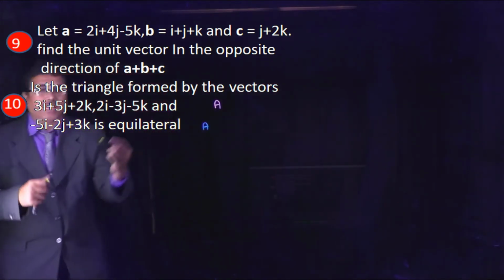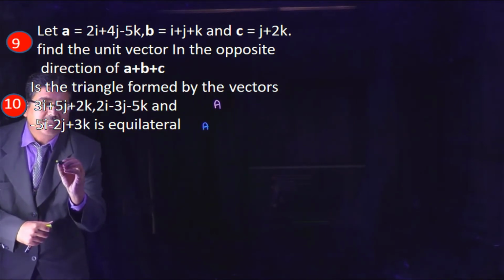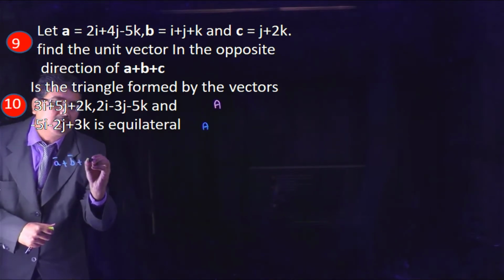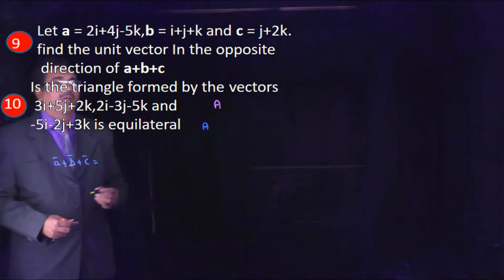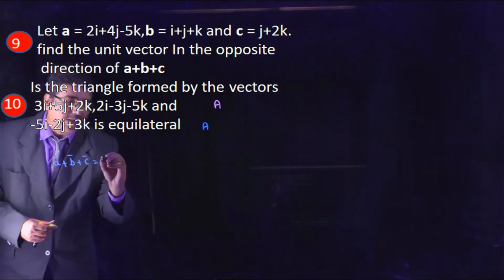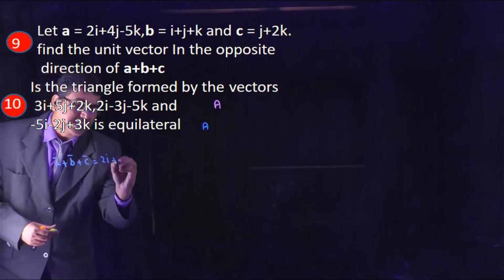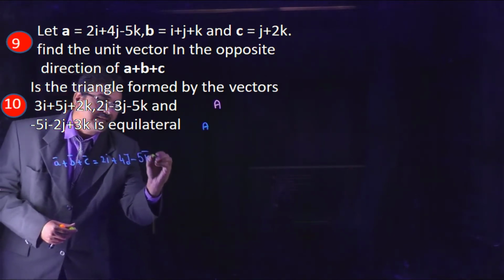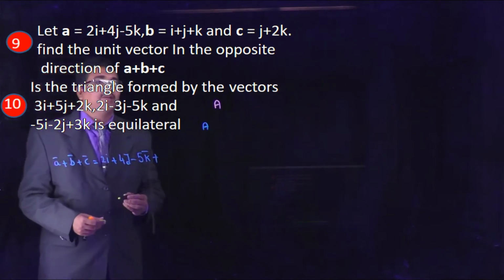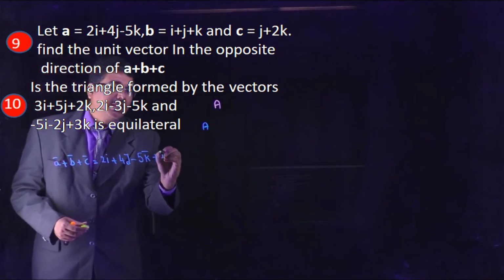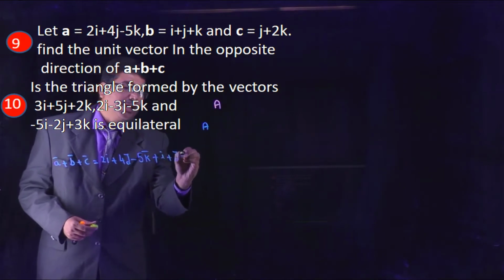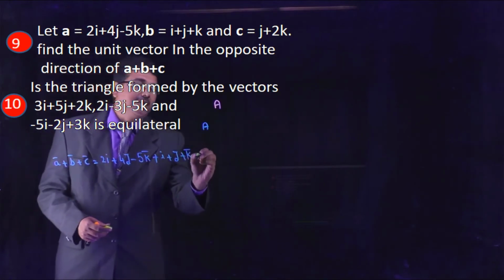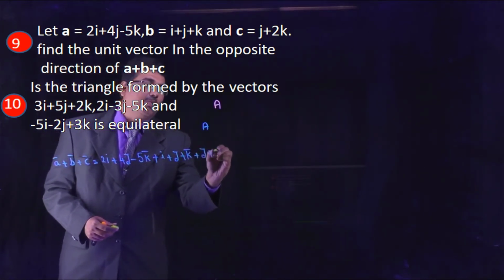Here a bar is equal to 2i bar plus 4j bar minus 5k bar, b bar is i bar plus j bar plus k bar, and c bar is j bar plus 2k bar.